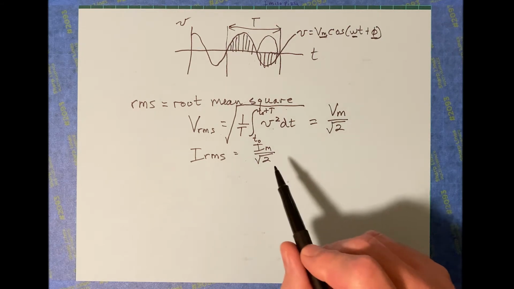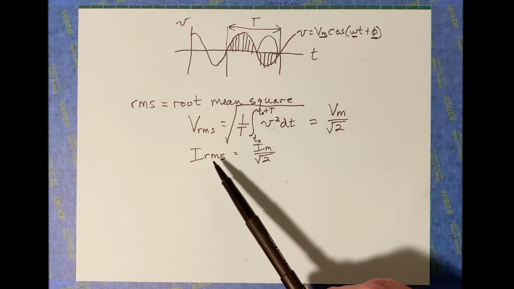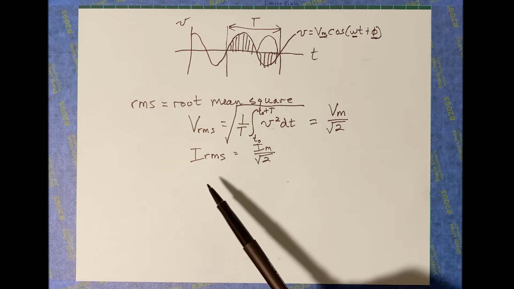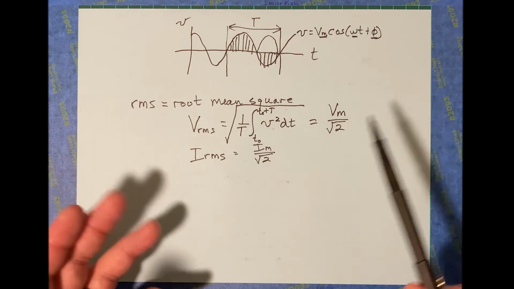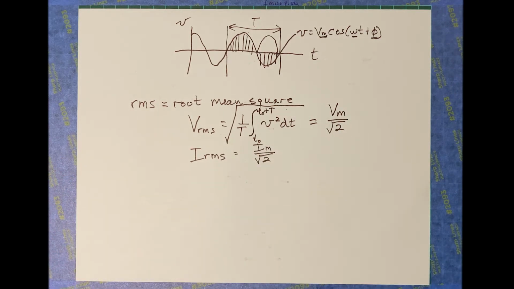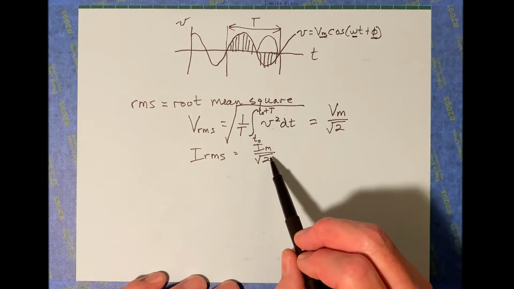So given that, if I ask what's the RMS value of this voltage, you just take the maximum divided by square root of 2, and you're done. So you know what the answer is going to be. Okay, so that's another preliminary thing out of the way.